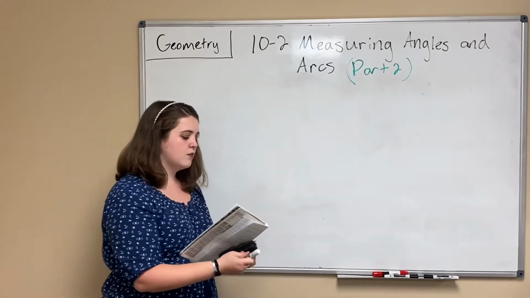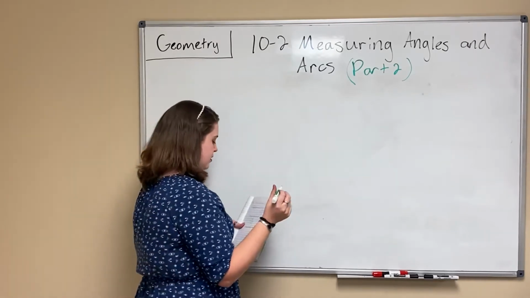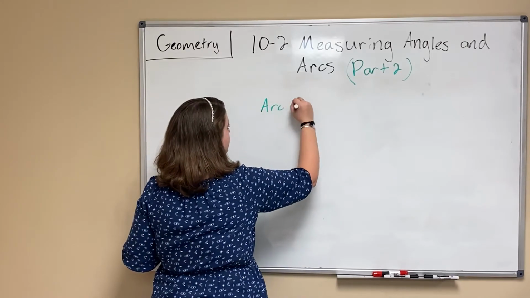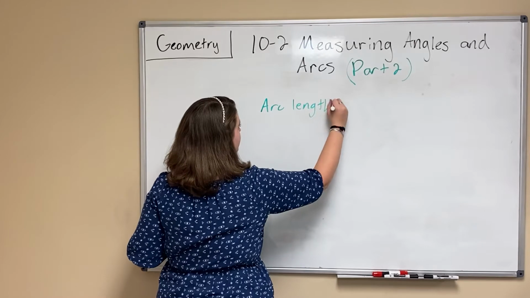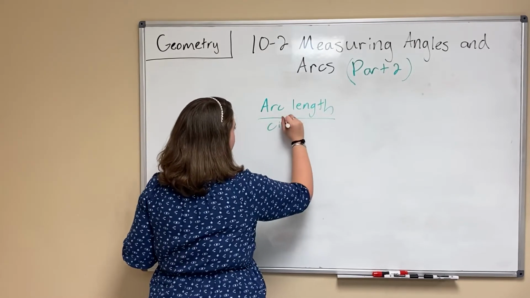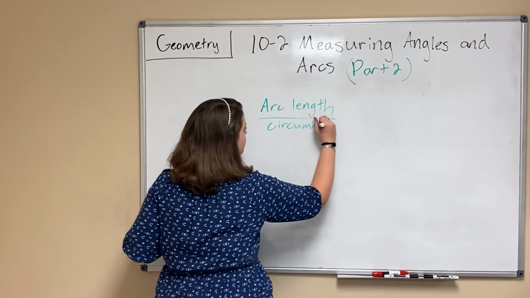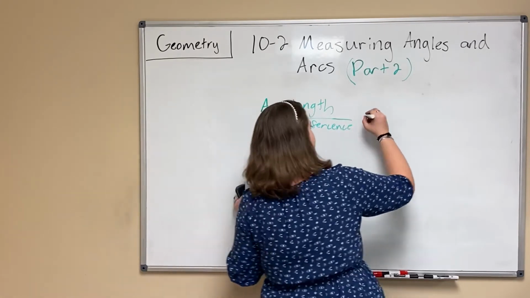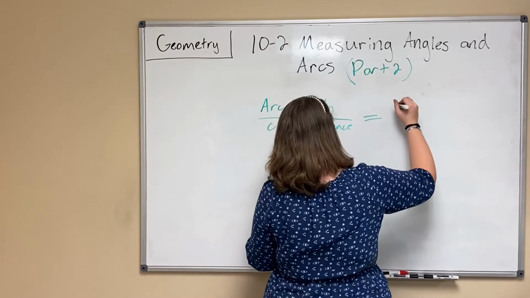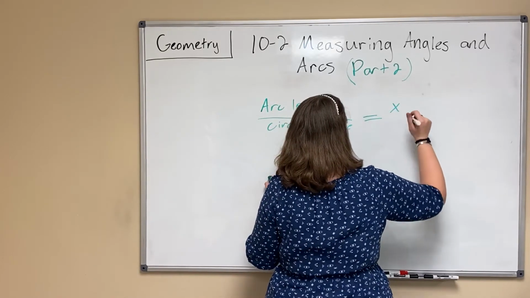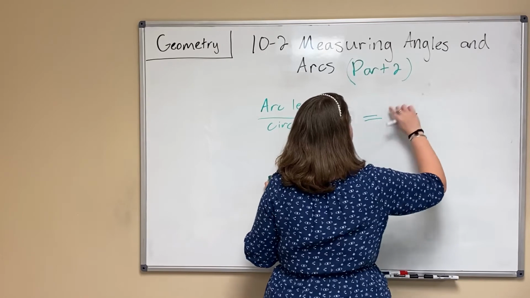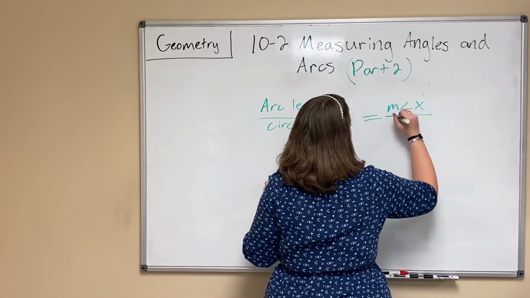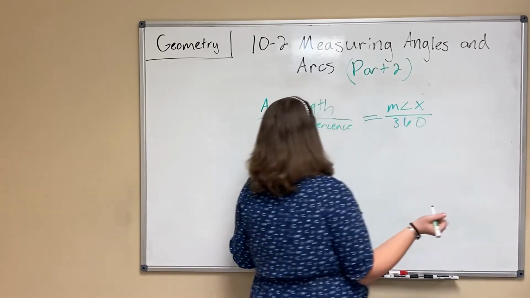So what we know about the arc length in a circle is that the arc length to circumference ratio, this ratio, is proportional to the central angle measurement over 360.